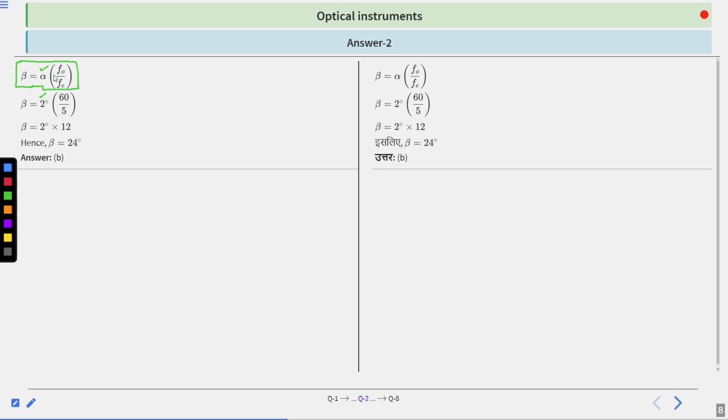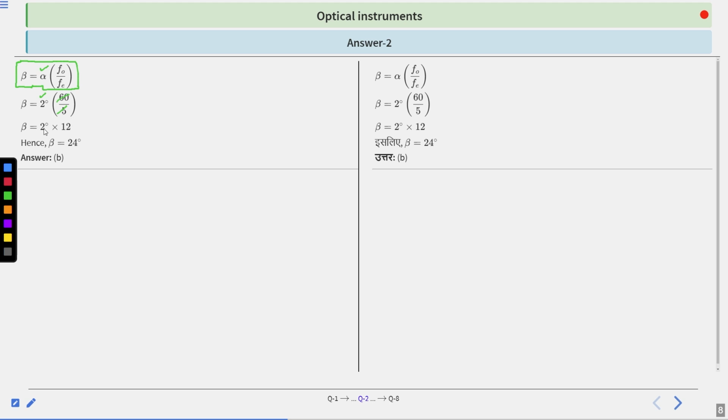All terms alpha, FO and FE are given in the question. So put all the given terms in this formula: beta is equal to 2 degree multiplied by 60 divided by 5. After calculating, beta is equal to 2 degree multiplied by 12.